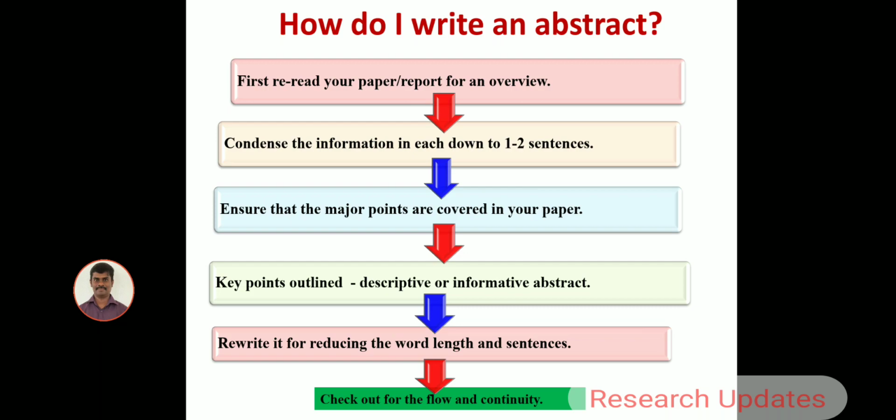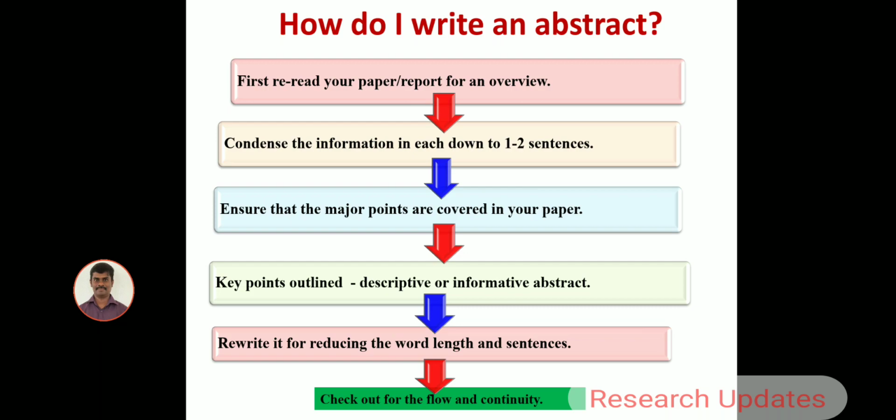The key points should be outlined, whether for descriptive or informative abstracts. Finally, rewrite it to reduce the word length and the sentences. And at last, check the flow and the continuity of your abstract.